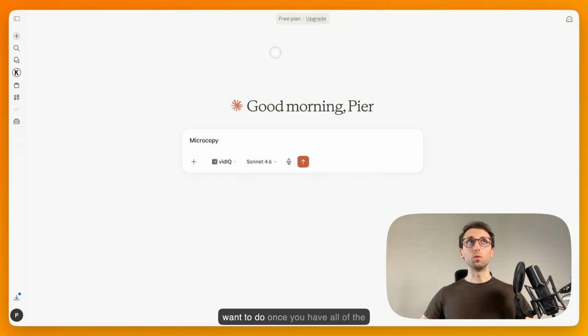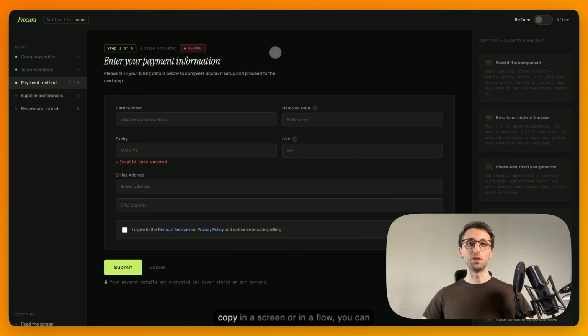So what you want to do, once you have all of the copy in a screen or in a flow, is utilize Claude to stress test the solution. Again, a simple way is simply taking a screenshot of the entire screen and asking Claude to stress test this based on the context that you're giving it.